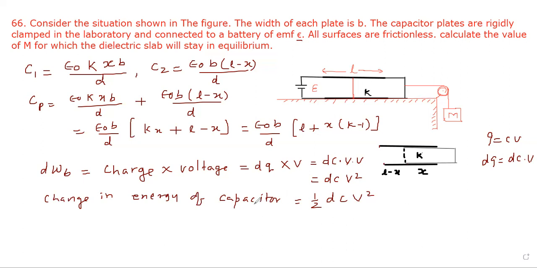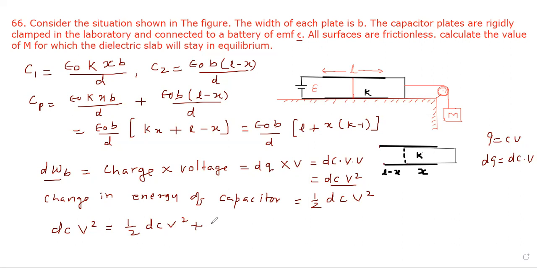Now, as I told you, the work done by the battery, dC V squared, will be the sum of the change in energy of the capacitor, that is 1 by 2 dC V squared, plus the work done by the force on the capacitor.